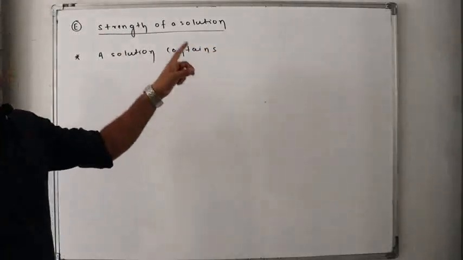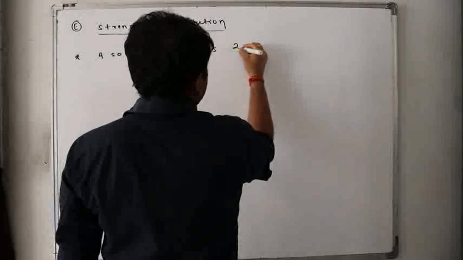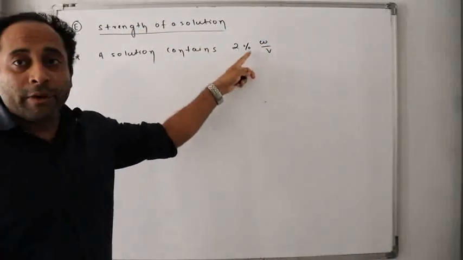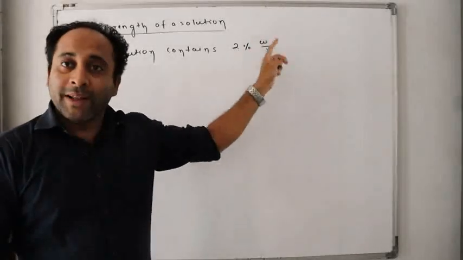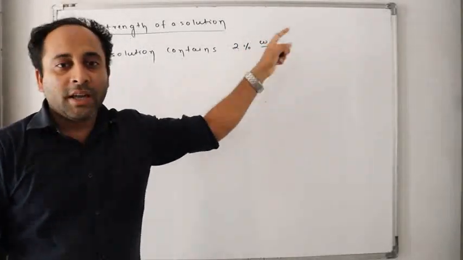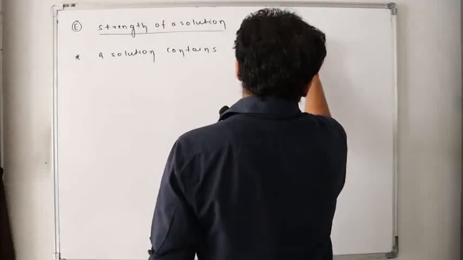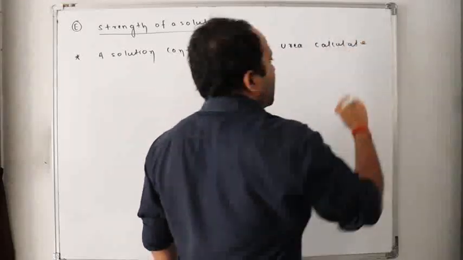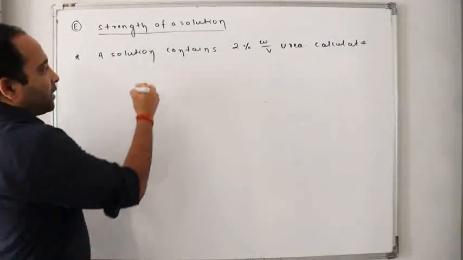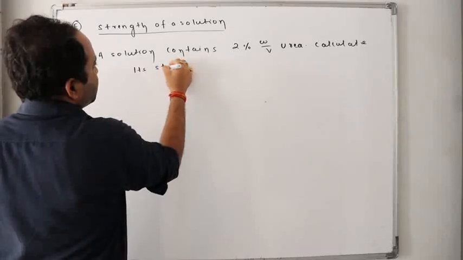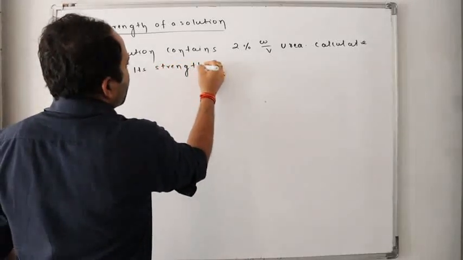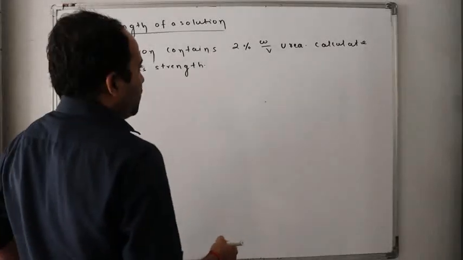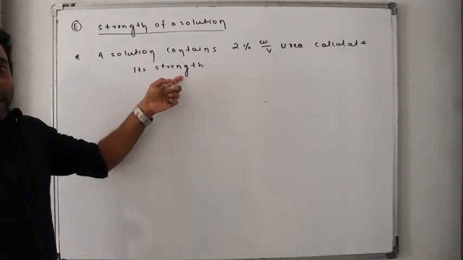A solution contains 2% weight by volume urea. See, 2% weight by volume means 2 gram is present per 100 ml of the solution. Calculate its strength. Calculate its strength is given, isn't it?